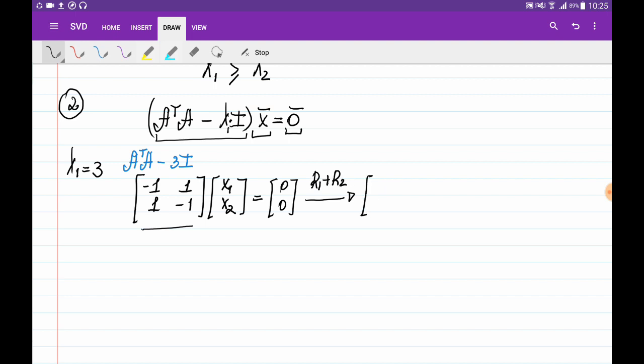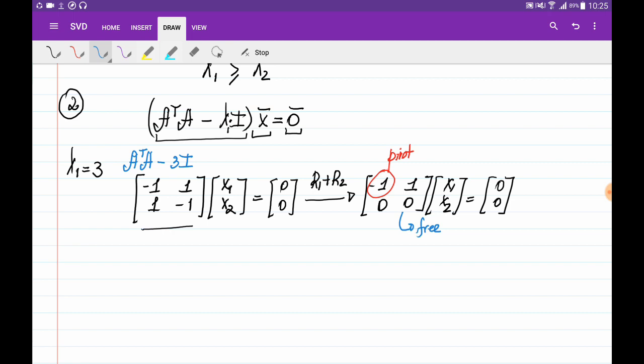We obtain minus 1, 1, 0, 0, multiplied by x1 and x2 equal to 0, 0. So this is already in the row echelon form, where minus 1 will be the pivot. So the first column is the pivot column, and the second column is the free column because it doesn't have a pivot.